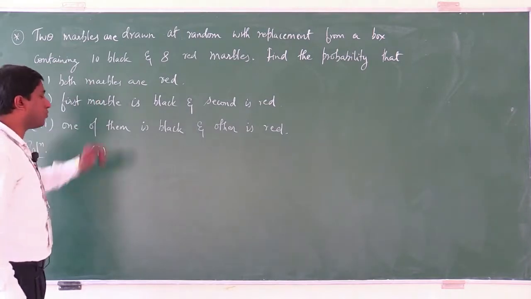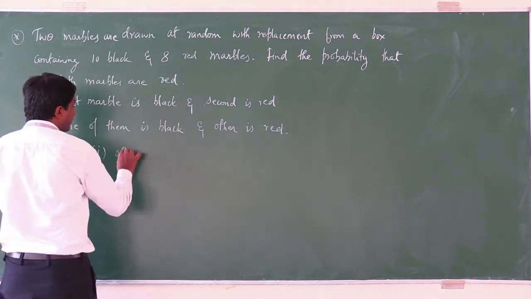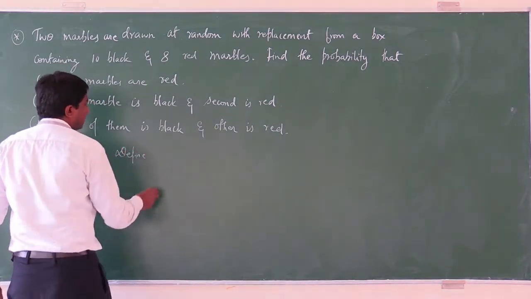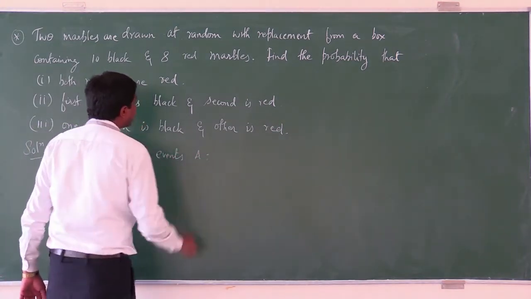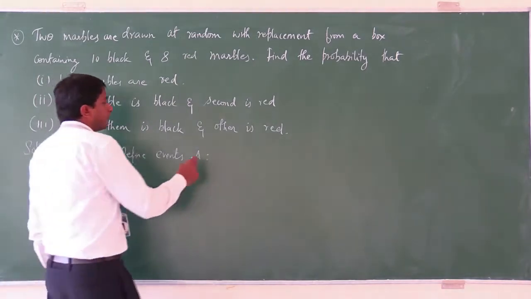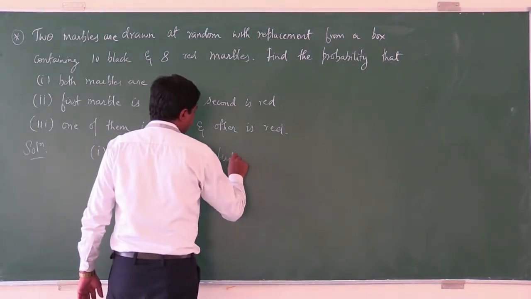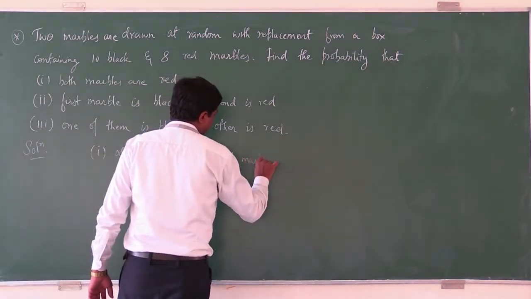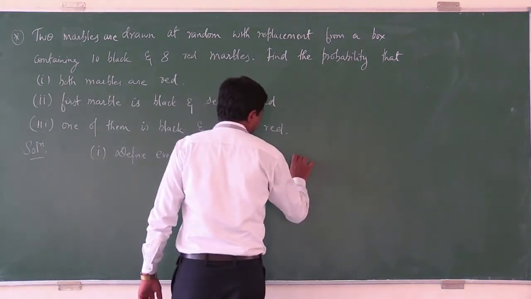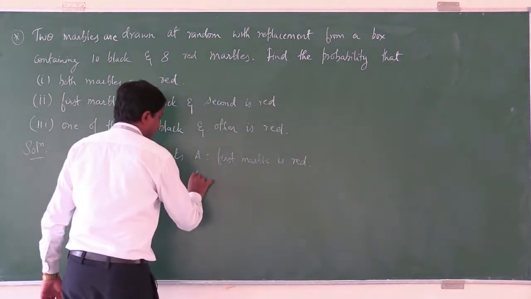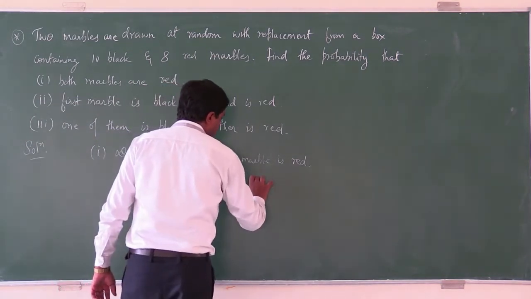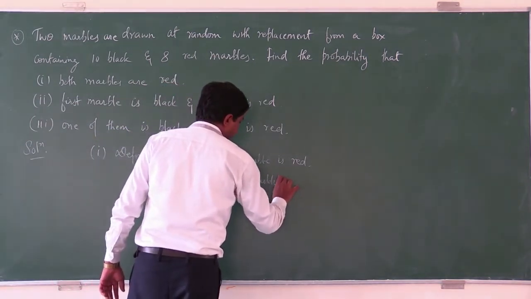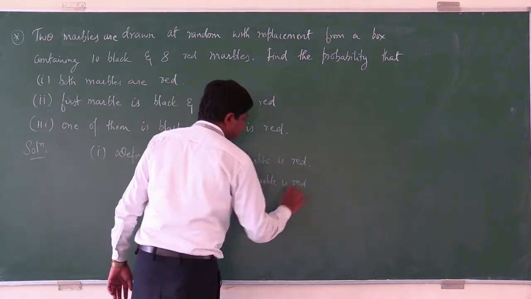For sub-question 1, I'll define 2 events. Let event A be: first marble is red. Event B: second marble is red.